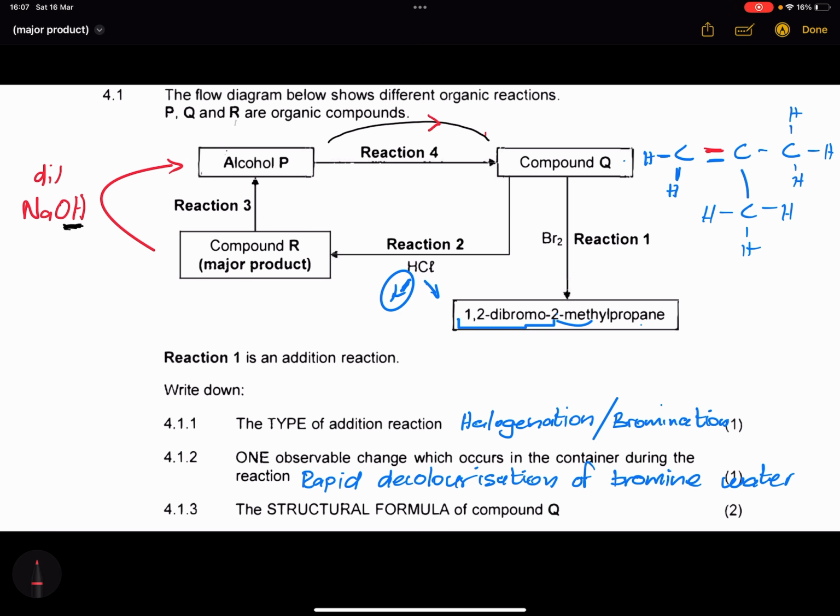So we're going to have to eliminate from the alcohol the hydrogen as well as the hydroxide ion to form that. And usually to do that, we react it with either sulfuric acid, which is a dehydrating agent, or it could be even phosphoric acid. So that would be the reaction there.